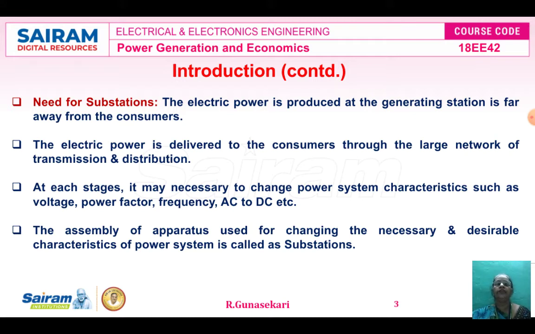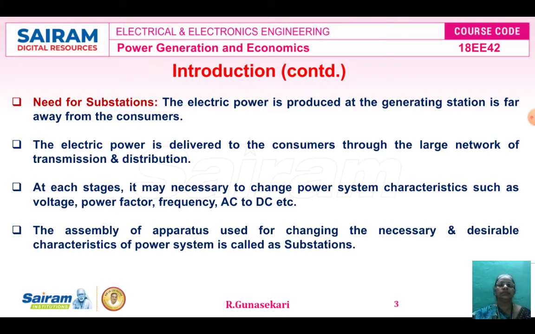Then the need for substation. The electric power is produced at the generating station, which is far away from the consumers. That's why, to transmit the power from the generating station to the consumer, we use the substation. The electric power is delivered to the consumer through a large network of transmission and distribution.